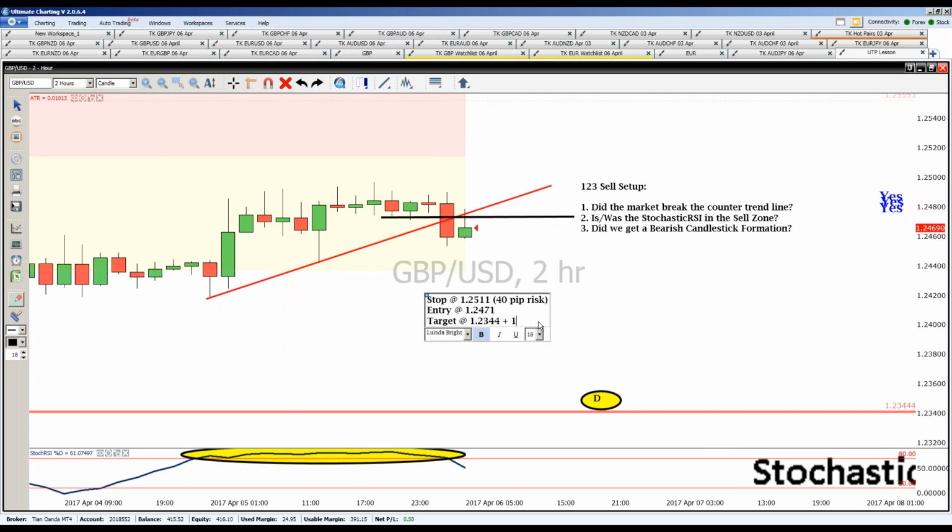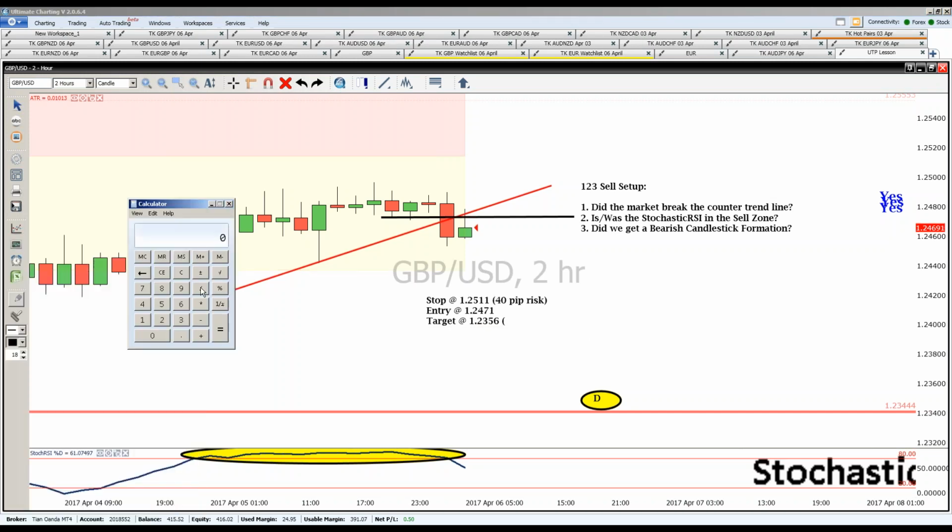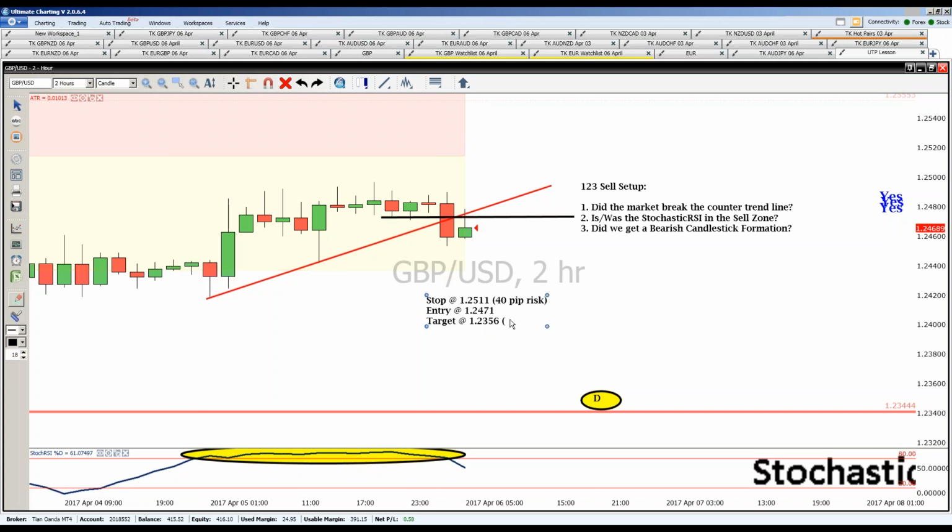So that target will be 1.2356. So how many pips in reward is that now? 1.2471 minus 1.2356 is 115 pips. 115 pip reward. There we go.